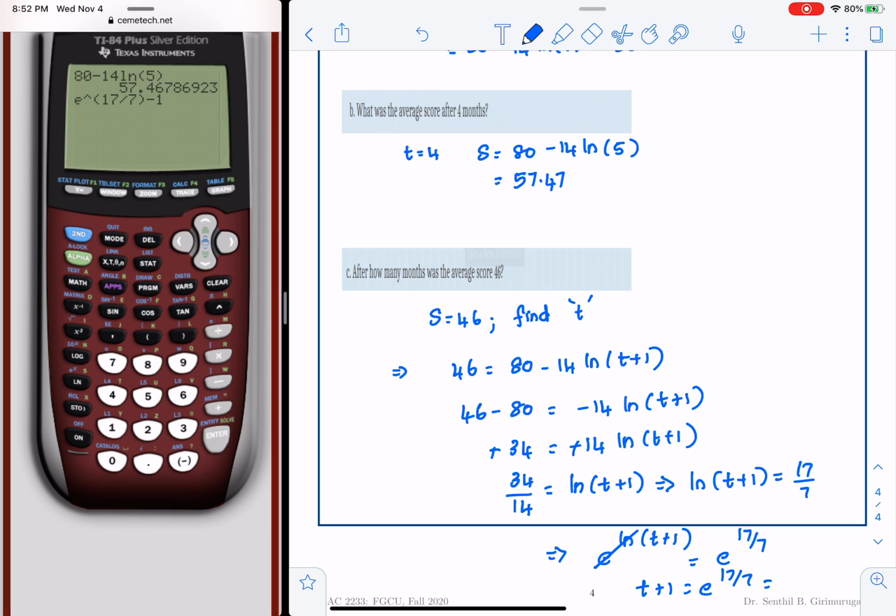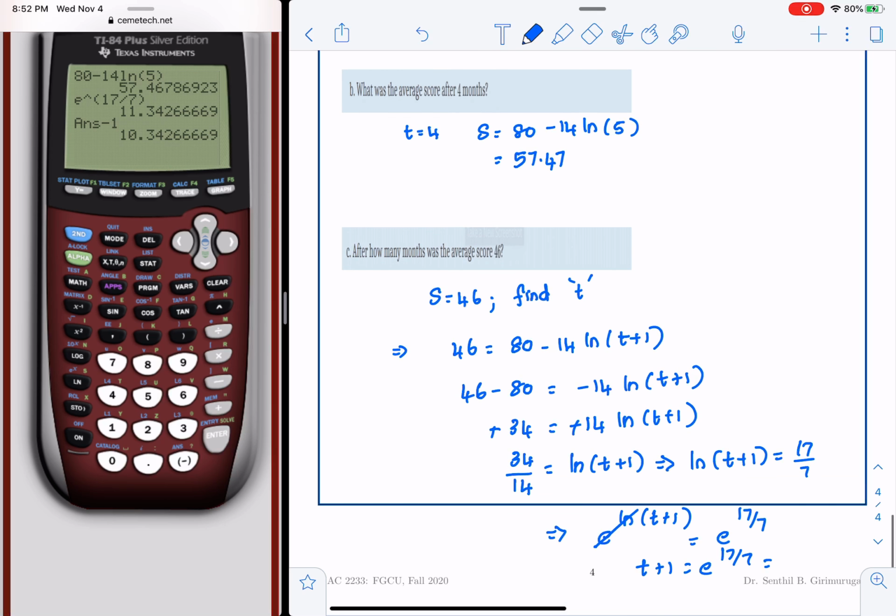So t would be e raised 17 over 7 first, and subtract 1. The answer is 10.343. So it takes about 10.343 months for the score to decrease to 46 from 80.